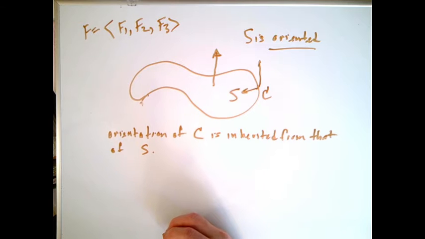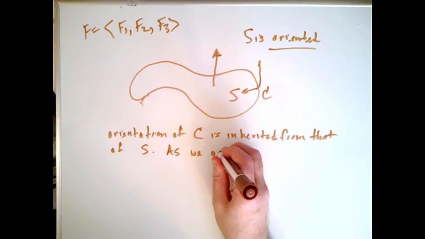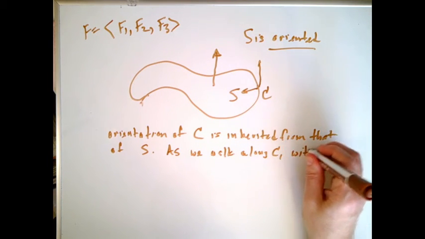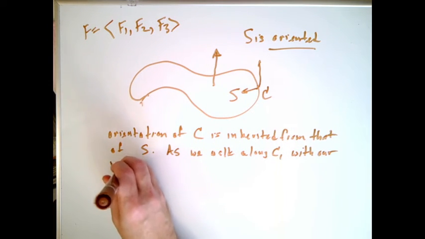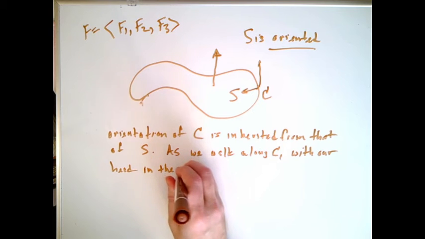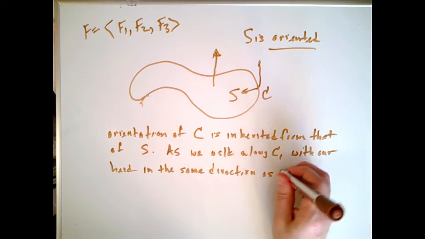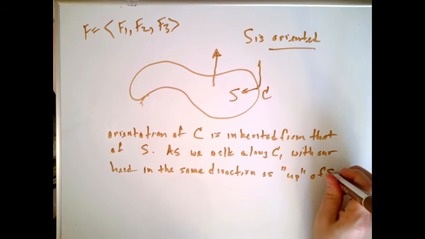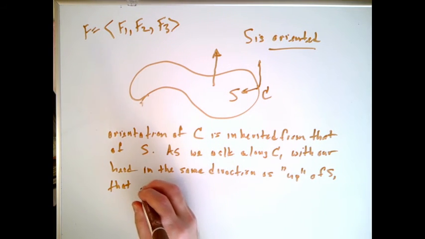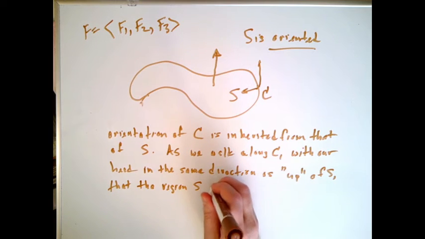We won't have to get that specific, but all we want is, as we walk along C, with our head in the same direction as up of S, that the inside of S is always to our left, that the region S is always to our left.